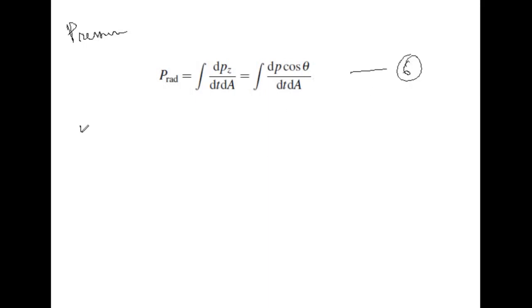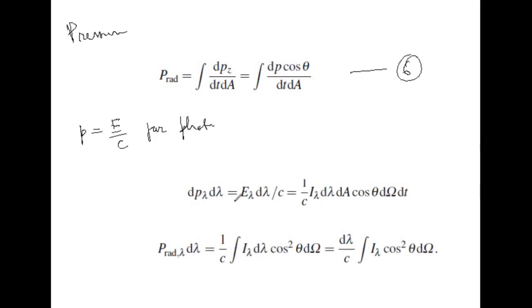But we know that P is equal to E by c for photons, and so for each wavelength interval we will have these two relations. So we will have this as well as this relation. Let us give numbers to them, equation 7 and equation 8. Therefore you see the radiation pressure can be obtained from the radiation field using this relationship.